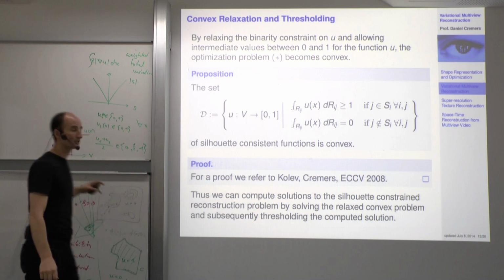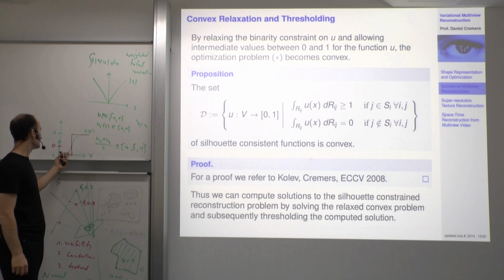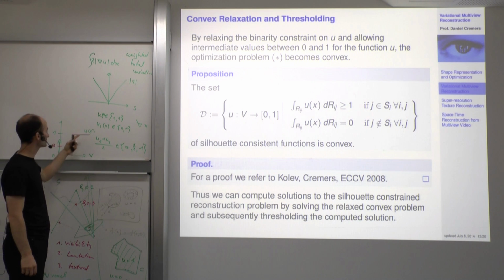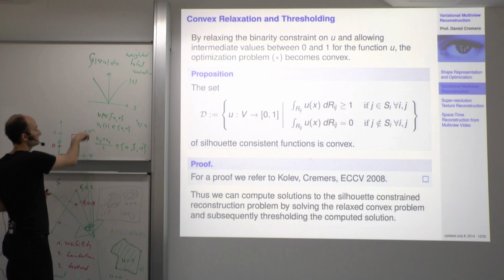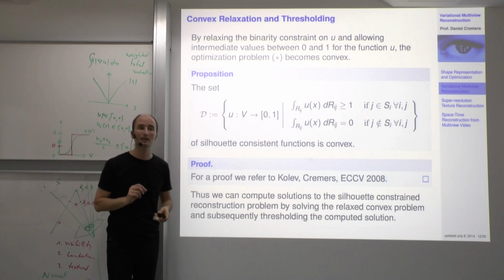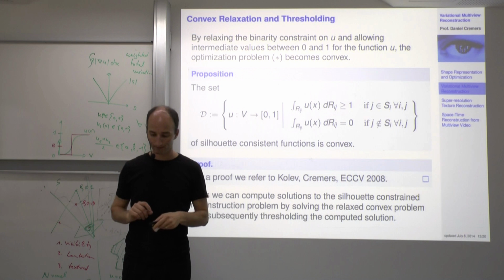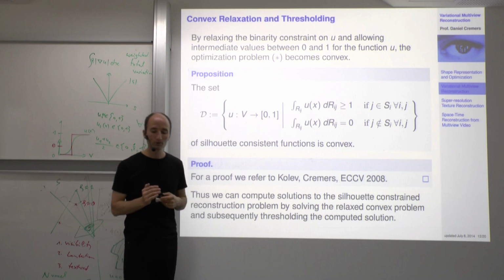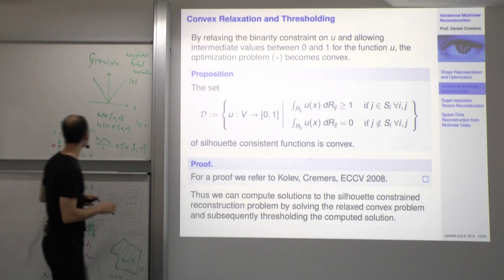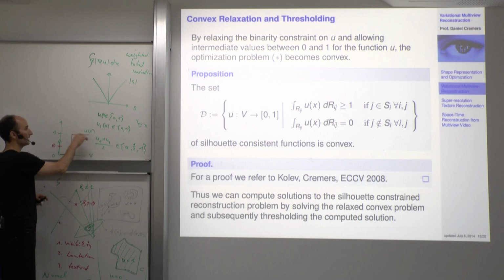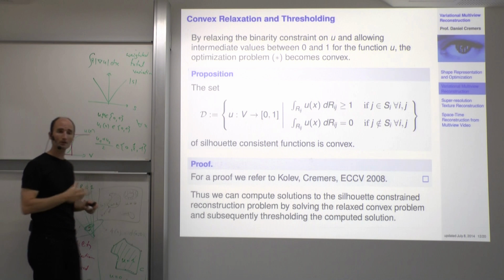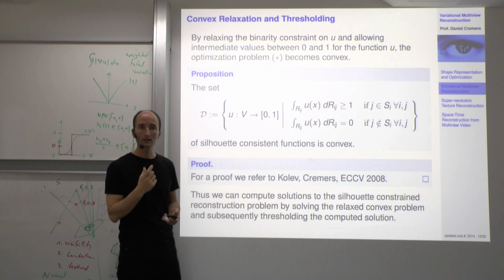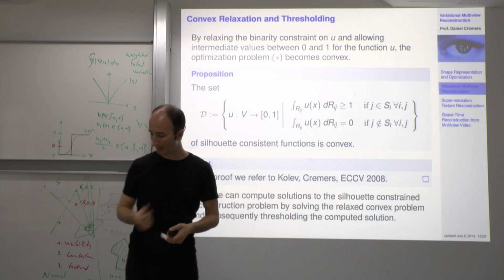And so you can imagine that if the real valued function is almost binary, then this thresholding doesn't really change the geometry too much. And so you can compute the cost for that real valued function, and then the cost once you thresholded it, and compute the difference, and that gives you what's called an energy gap.